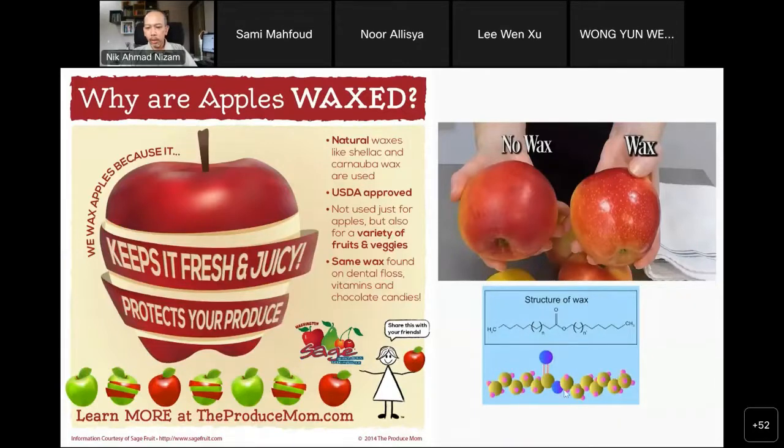Because it has so many hydrocarbons, wax is considered hydrophobic or non-polar molecules. Okay, hydrophobic. Natural waxes like shellac and carnauba wax are used not just for apples, but also for a variety of fruits and veggies. The same waxes are found on dental floss, vitamins, and chocolate candies. But the most significant is wax on the apple.